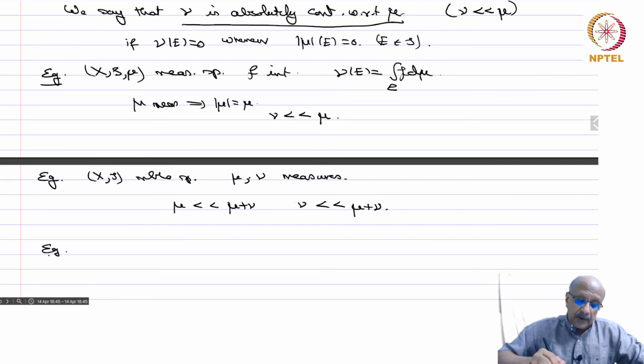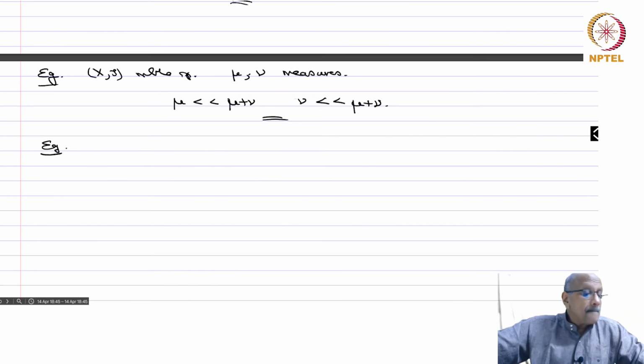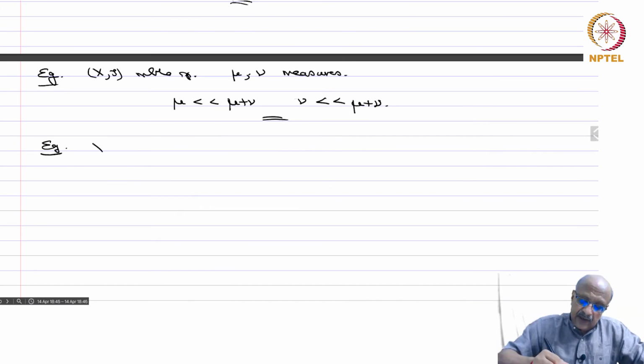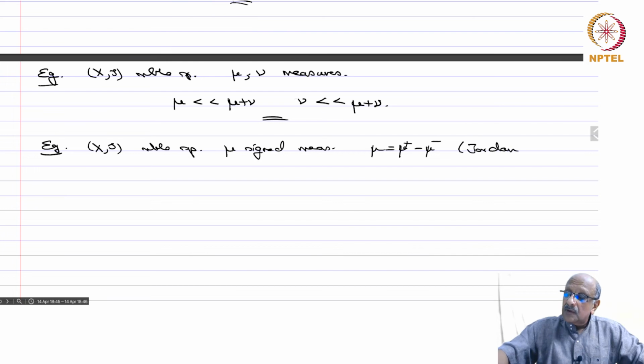Then example again: X, S a measurable space, mu a signed measure. So mu equals mu plus minus mu minus, the Jordan decomposition.